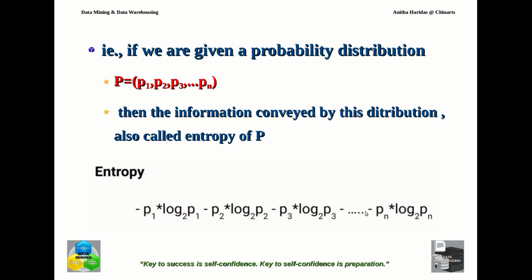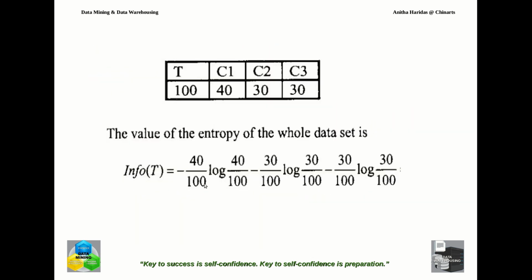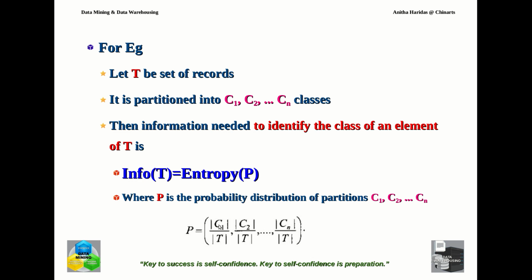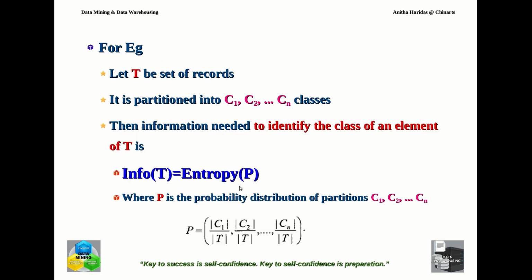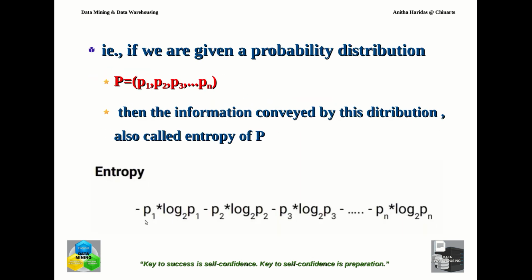So what is the formula? What is P1? Cardinality of C1 divided by cardinality of T. Cardinality of C1 means how many records are in class 1. So 40 records in class 1, divided by the total number of records, times log of 40 by 100. P1, P2, P3 up to n.